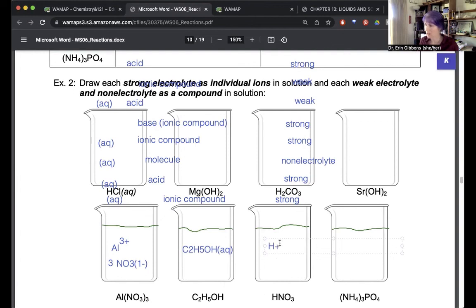Unlike nitric acid, which is going to form completely H+ and NO3-. And then ammonium phosphate, we're going to have the NH4+, and there's going to be 3 of those, plus our PO4 3- ion, strong electrolyte.